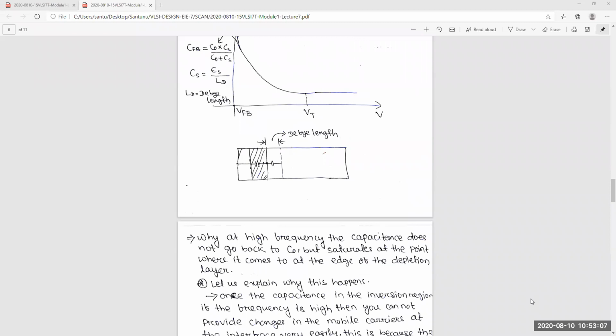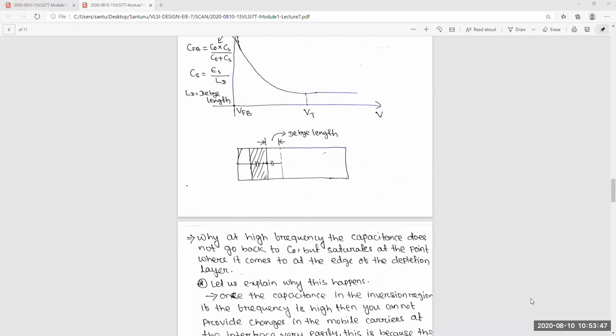Your question is how mobility changes depending on the frequency. No. Mobility actually depends on the temperature. It does not depend on the frequency. The frequency means how fast you are changing the gate signal. So at that fast rate, the question is whether the charges are coming to that interface or not.